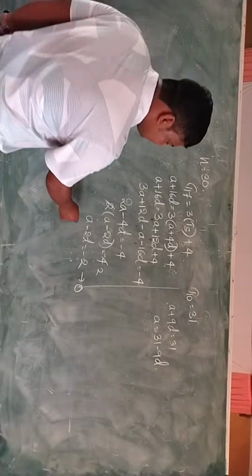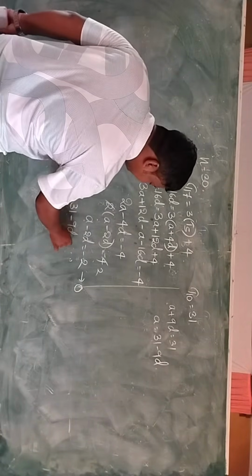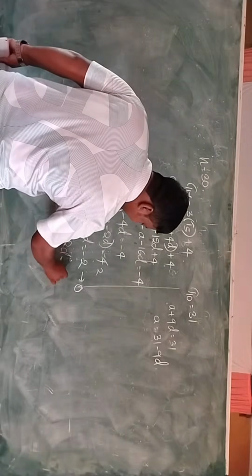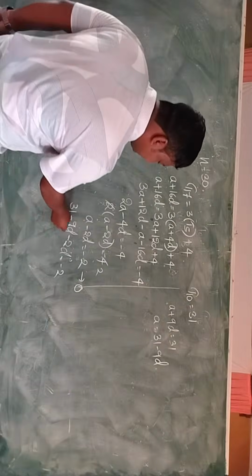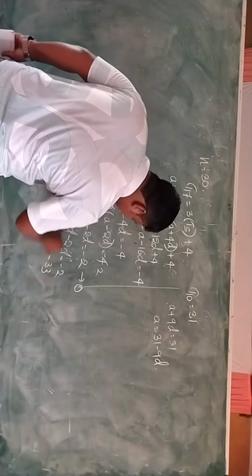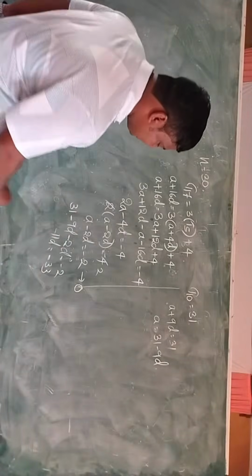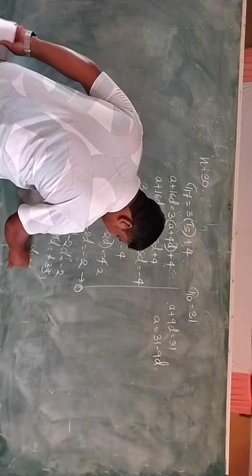Instead of a, I take 31 minus 9d: 31 minus 9d minus 2d is equal to minus 2. The 31 moves to the right hand side and becomes minus 31, so minus 11d is equal to minus 33. Minus minus cancels, and 11 3s are 33. So d is equal to 3.